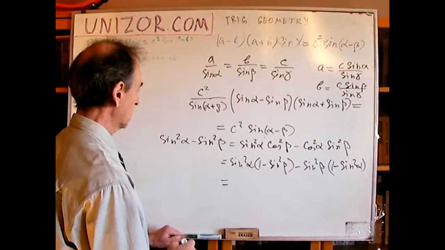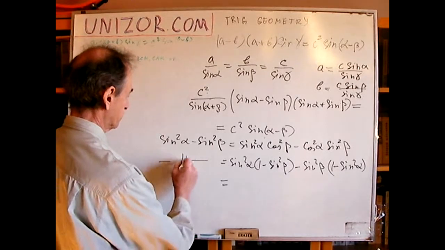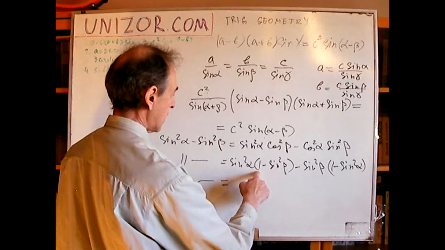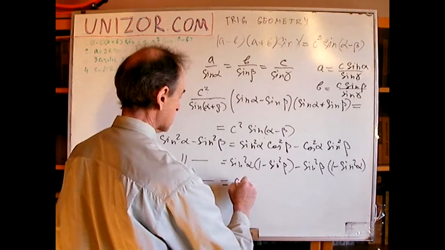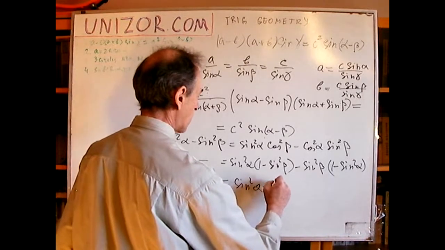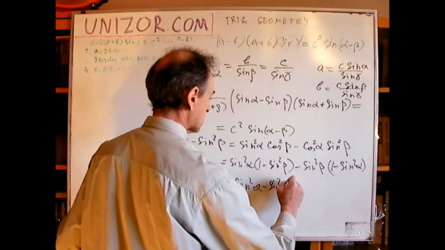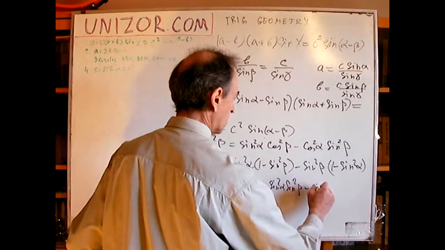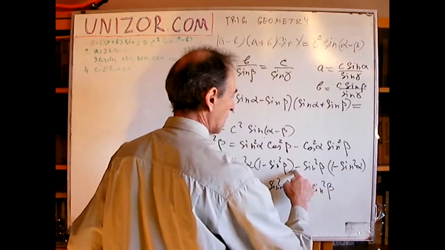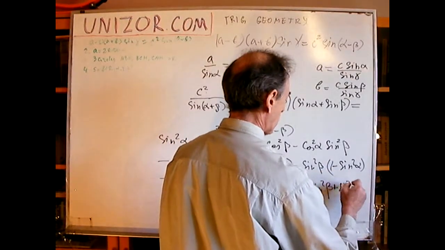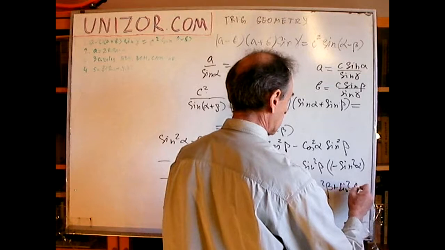The left part is the same. Now, here I have sine square alpha times 1, which is sine square alpha, minus sine square alpha sine square beta, minus sine square beta. And now minus is minus, it would be plus sine square alpha and sine square beta.